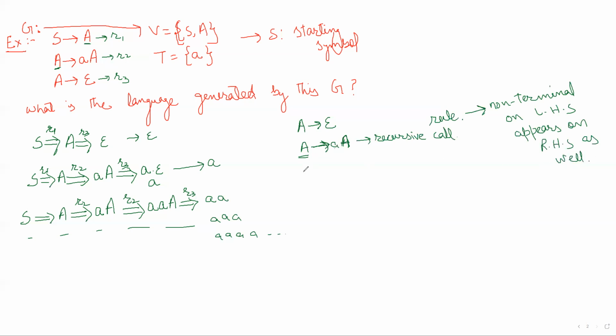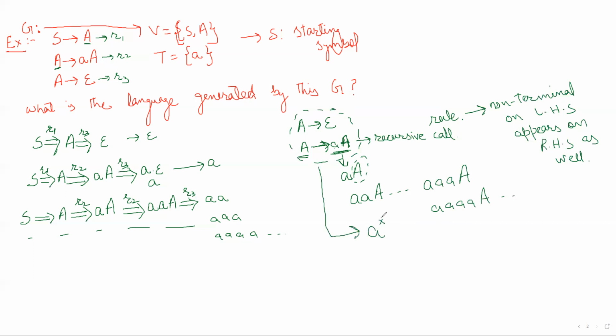So this is a recursive rule, and we can apply this recursive rule repeatedly. What is this recursive rule generating? It is generating A, so one A and this A. This another A can again generate A and A. Likewise, it can keep generating. So these two rules are generating a star.